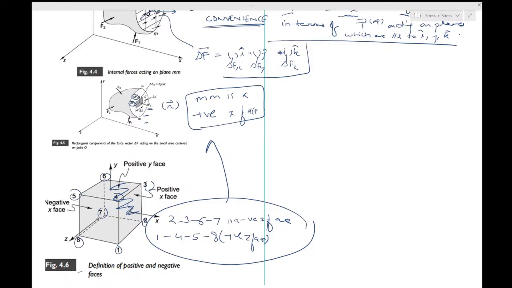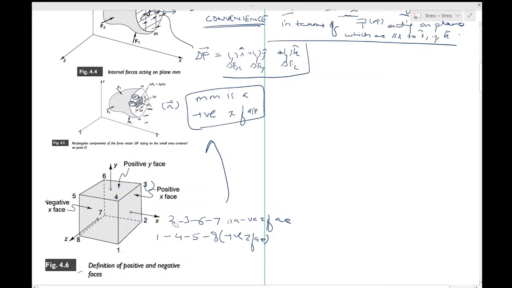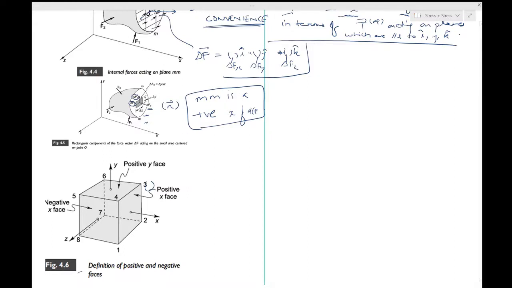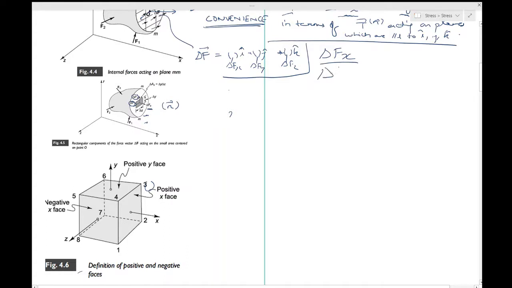Now if we return to this figure 4.5, okay, I'll just rub these parts over here. Now if you return to figure 4.5 and take the ratios delta Fx, let's see. So we already know what these two things are.